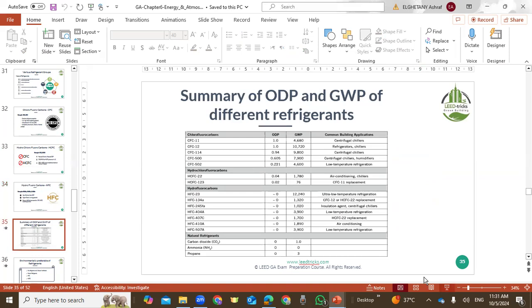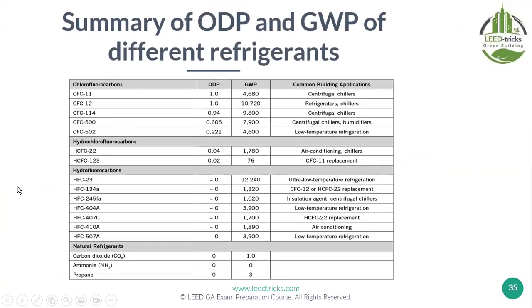So now, let me summarize all. This table will summarize everything. I will ask many questions. What is the worst refrigerant first? You will answer me, the worst refrigerants are CFCs. Let's make this color green.